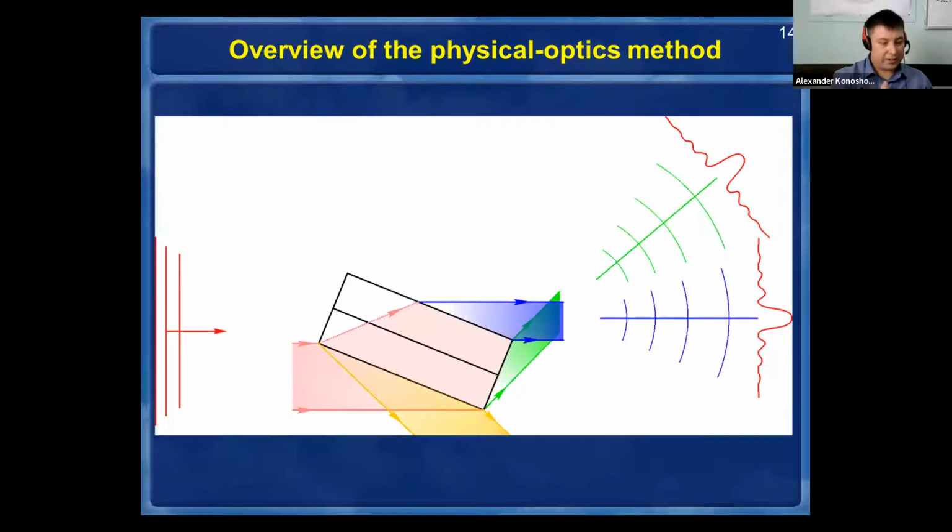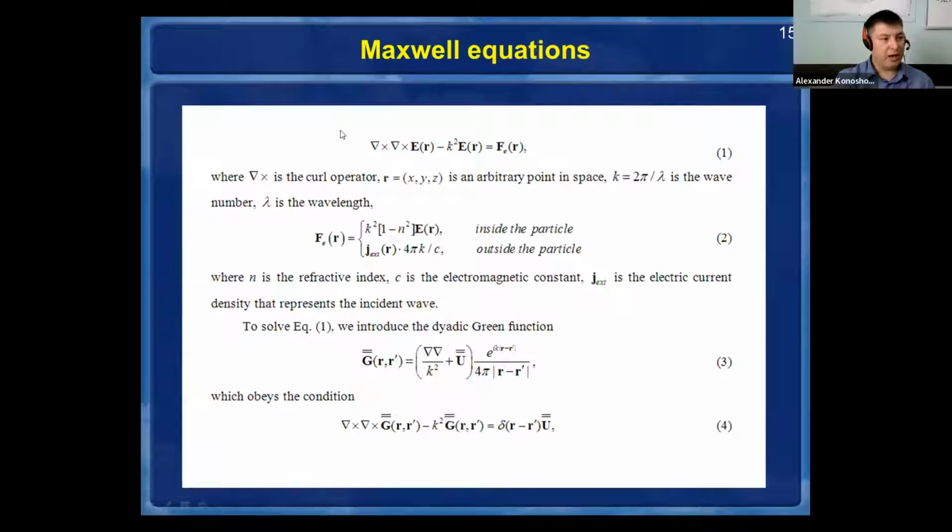So, the physical optics method. What is the idea of the physical optics method? The brief geometrical interpretation I showed here, but what is the basis of this? First we suppose that there is a Maxwell equation, and we can rewrite this Maxwell equation using the dyadic Green function.